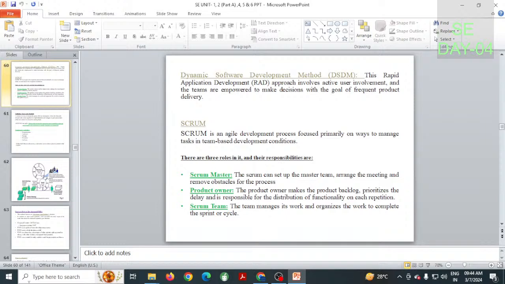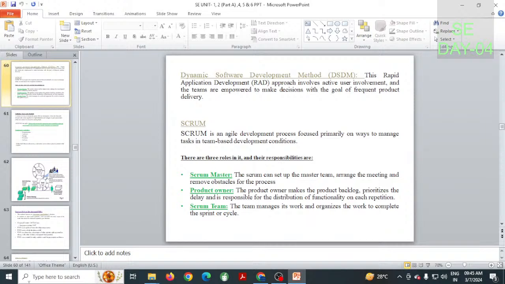Now, what is the responsibility of the first role, the Scrum master? The Scrum master can set up the master team, arrange the meetings, and remove the obstacles for the process.